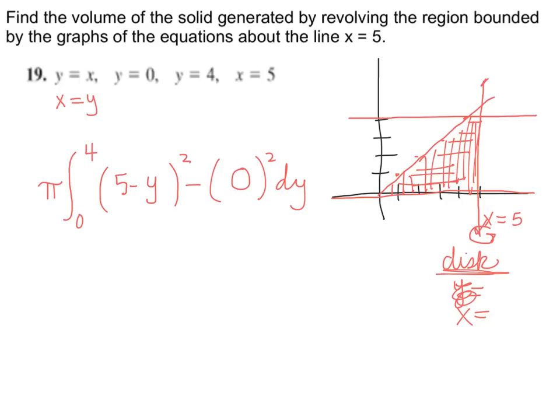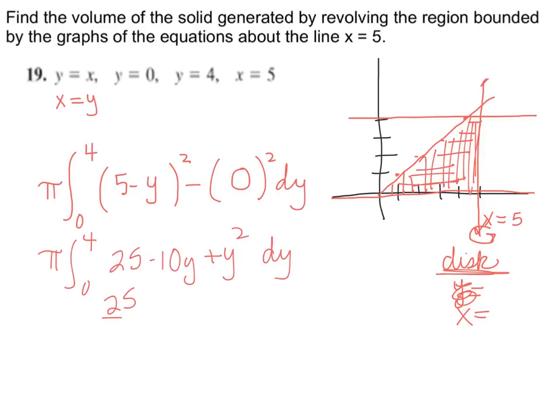Okay, so once you have that, then you can just go ahead and either multiply it out to work it by hand, or you can put it in your calculator. I would do several of these by hand just to make sure that you have it down. So once again, you have pi and then 0 to 4. Remember that this would be 25 minus 10y plus y squared dy.